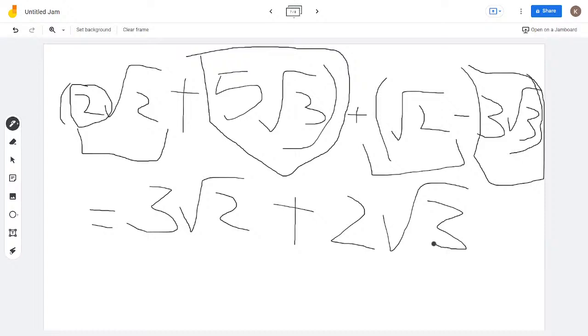Similarly, in this example we did addition. We can do subtraction also, multiplication also, and division also. Let's do one example of each.